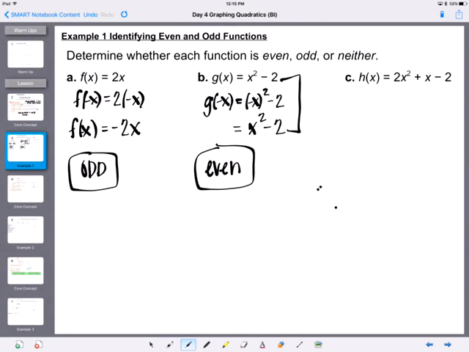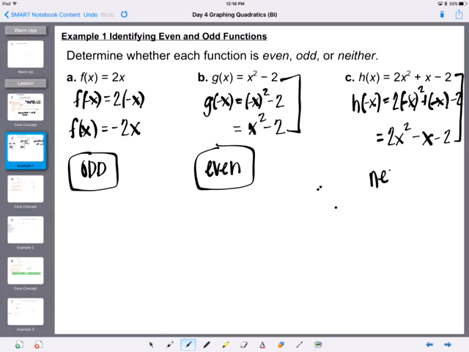an even function. In example C, if we evaluate h of x for negative x, and we plug negative x in for all of our x's, we get 2x squared minus x minus 2. So you can see that our functions do not match. So when we evaluate that, it does not match our original, and the entire thing did not become negative.